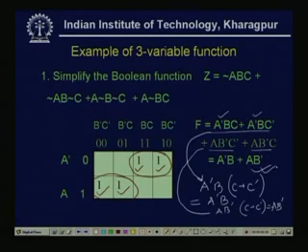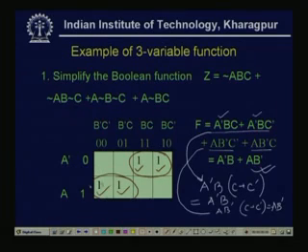Now, from the Karnaugh map I can directly tell that these 4 terms will be reduced to these 2 terms, because the first couple reduces to a complement, as b is fixed. So, a bar b.